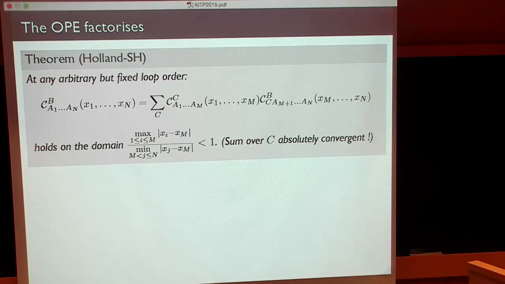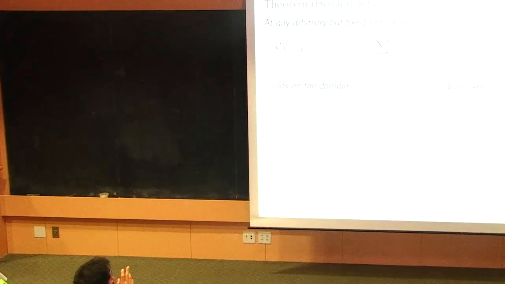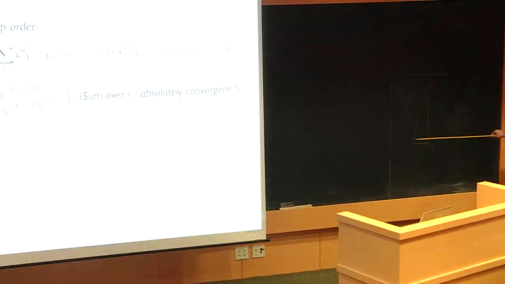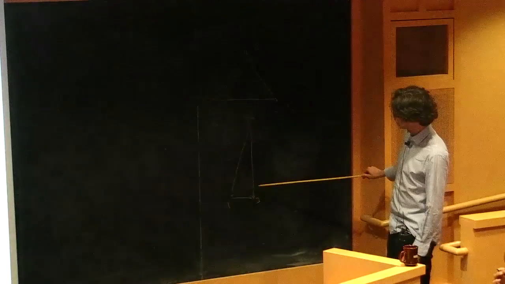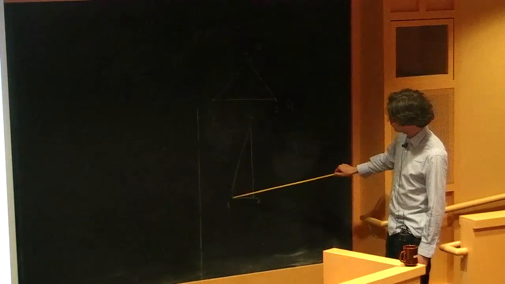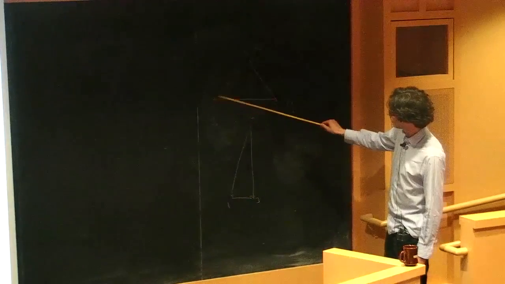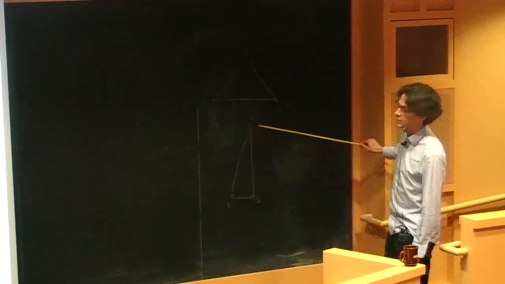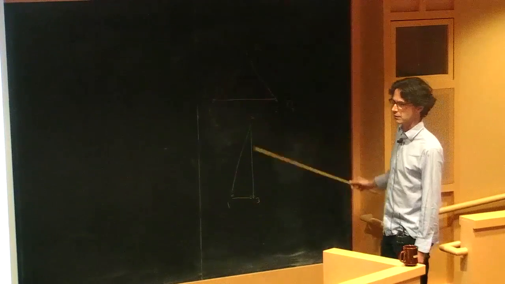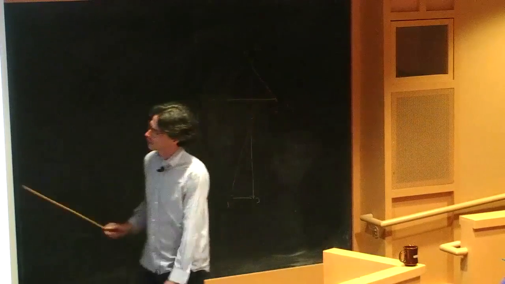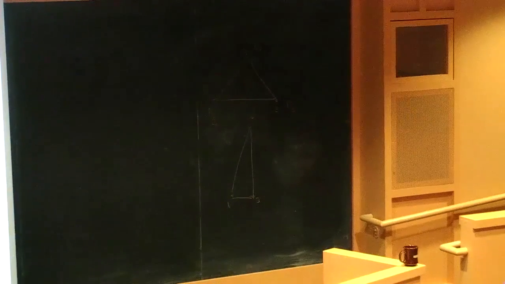Or I can have a very degenerate triangle. And it's kind of clear that if the points are in this degenerate configuration, then it should be possible to first expand the product of these two operators and then subsequently expand the rest. And that's basically what this is saying, except that I do it for n points.